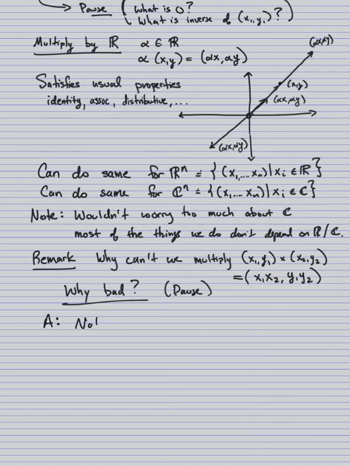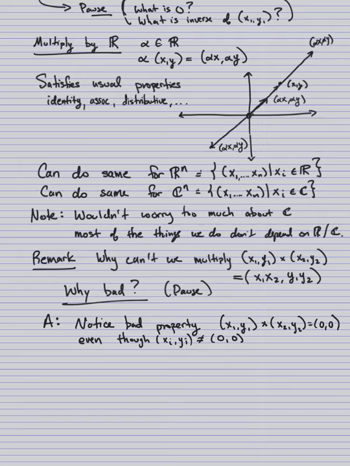But notice that this has one bad property: you might take x1, y1 times x2, y2 and this might be 0, the coordinate pair 0, 0, even though each factor is not 0.